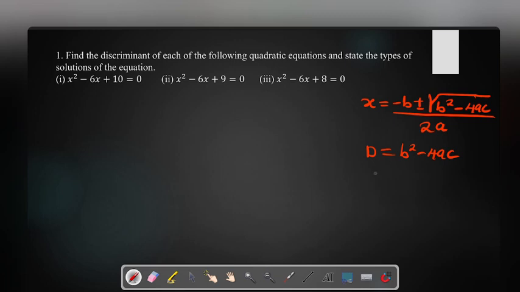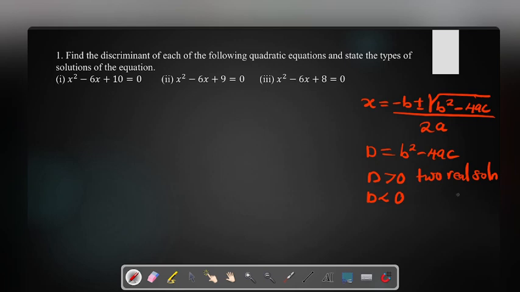Whenever the discriminant is greater than 0, in other words a positive value, that tells you the nature of the solutions: you're going to get two real solutions.